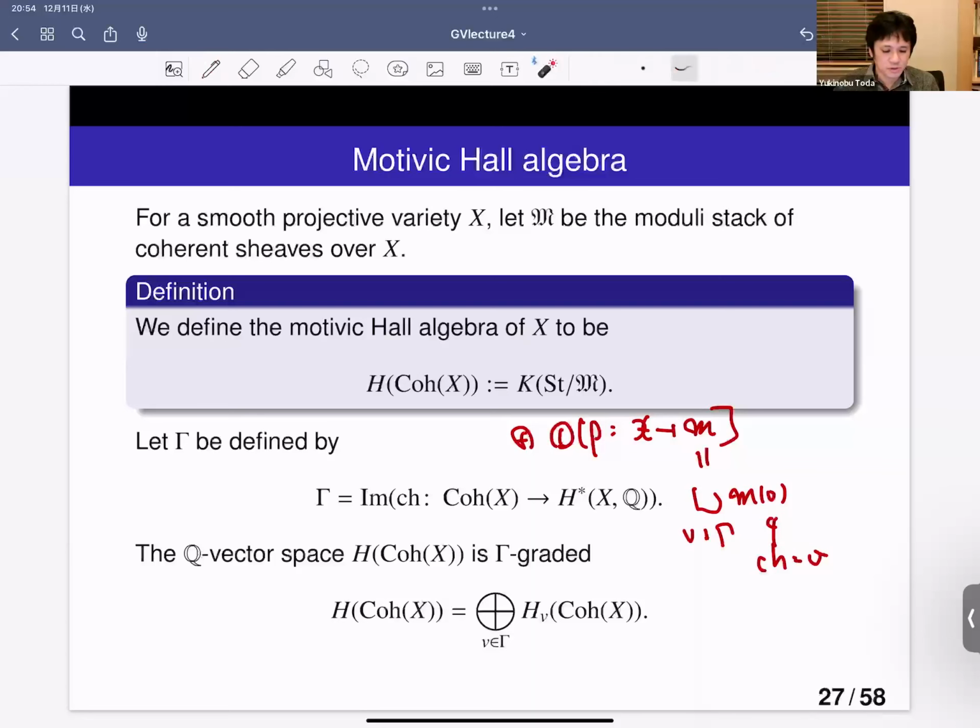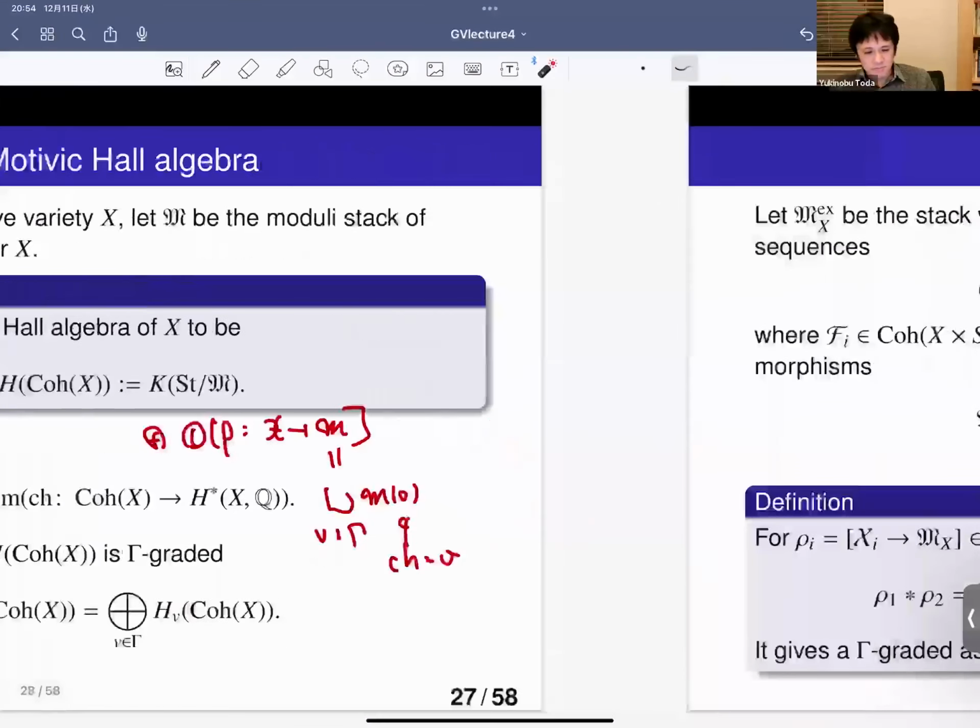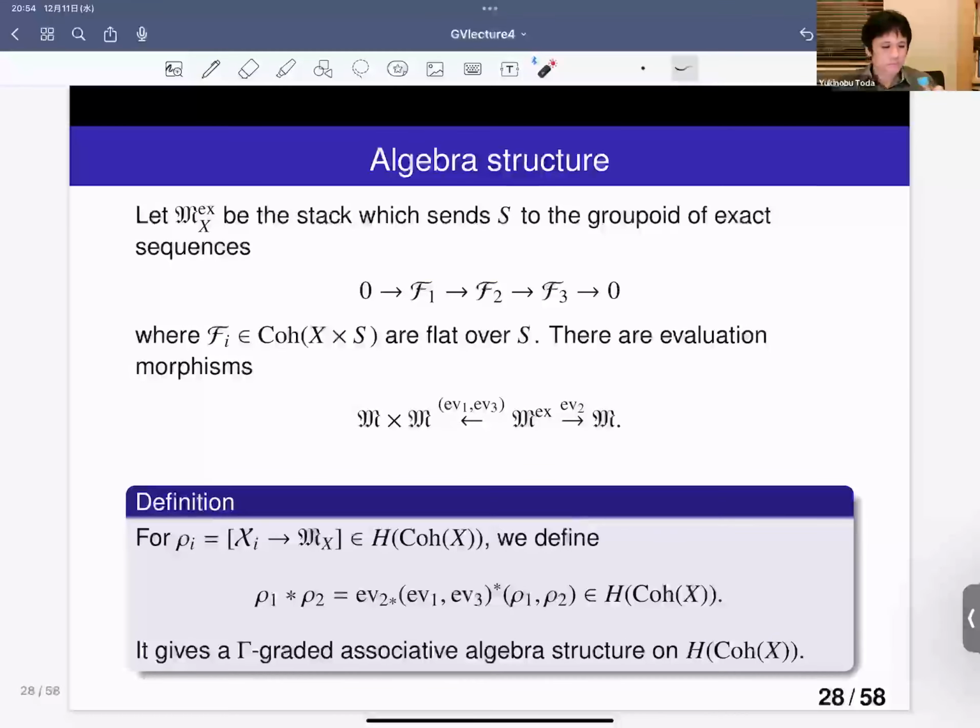So I get this direct sum decomposition, and this is graded over this monoid. And then there is an algebra structure on this quadratic group of stacks over M. That is called the motivic Hall algebra structure.